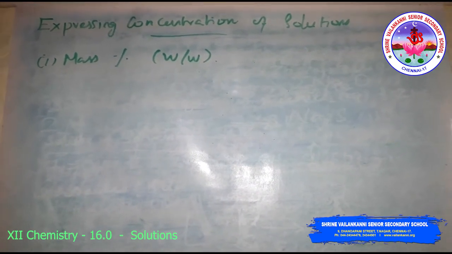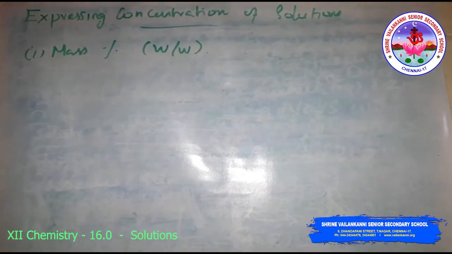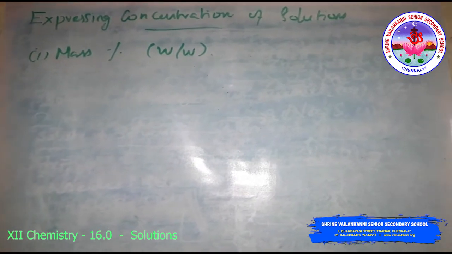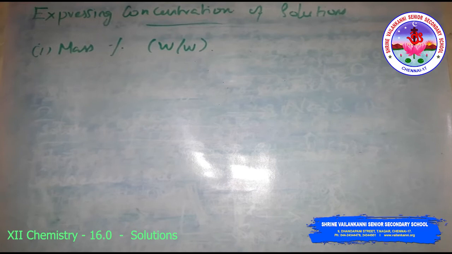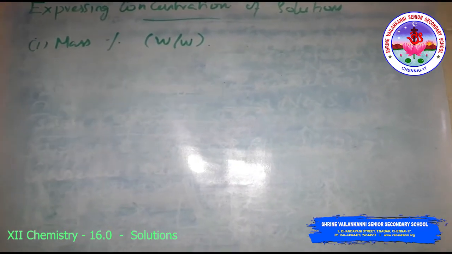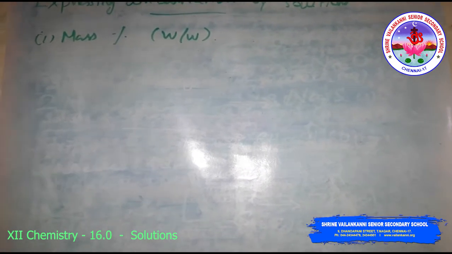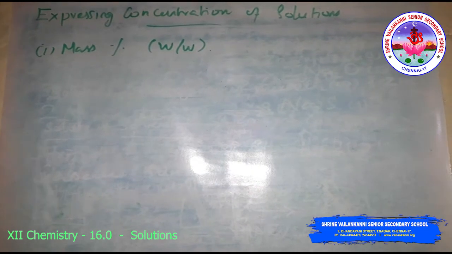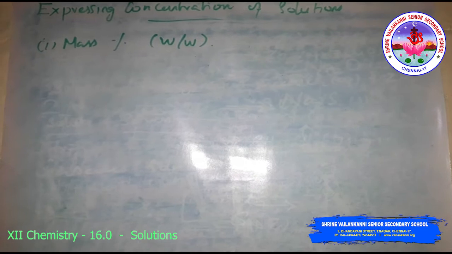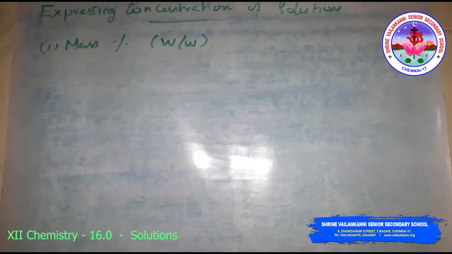But in real life, these kinds of descriptions can lead to a lot of confusion, and thus the need for quantitative description of the solution. See here, the quantitative descriptions are first the mass percentage, then volume percentage, mass by volume percentage, parts per million, mole fraction, molarity, normality and molality. These are the ways of expressing concentration of solution.